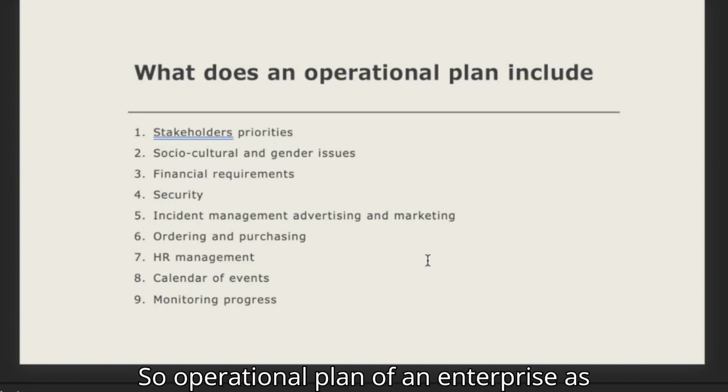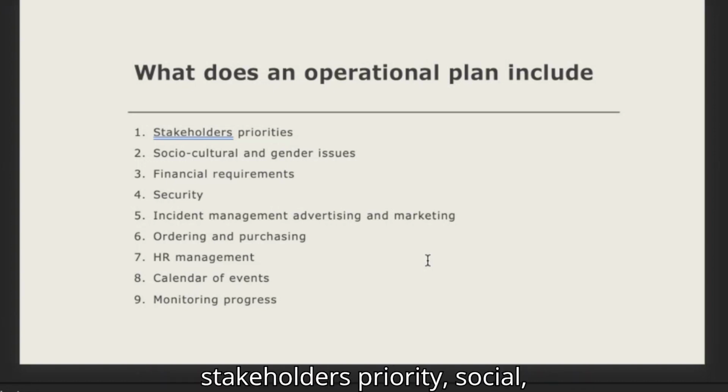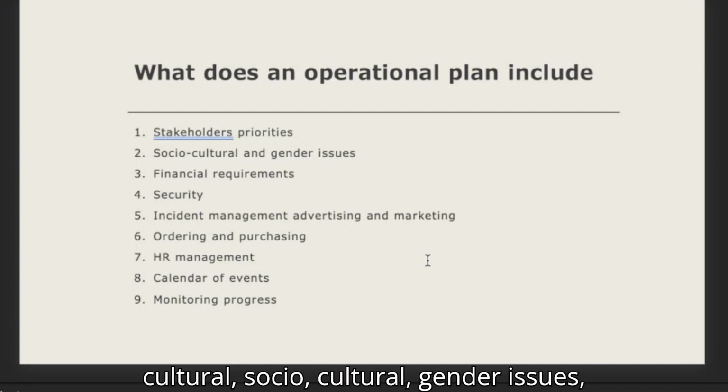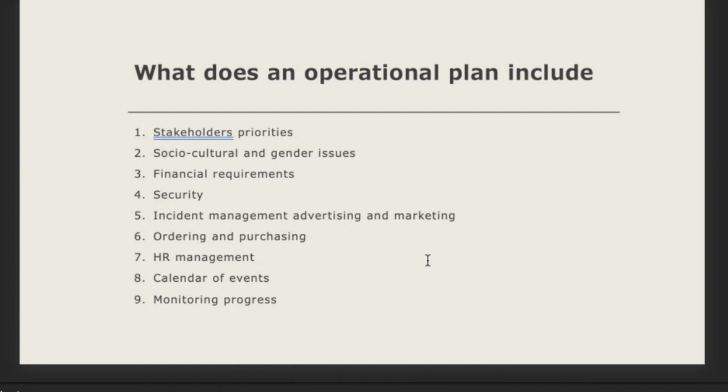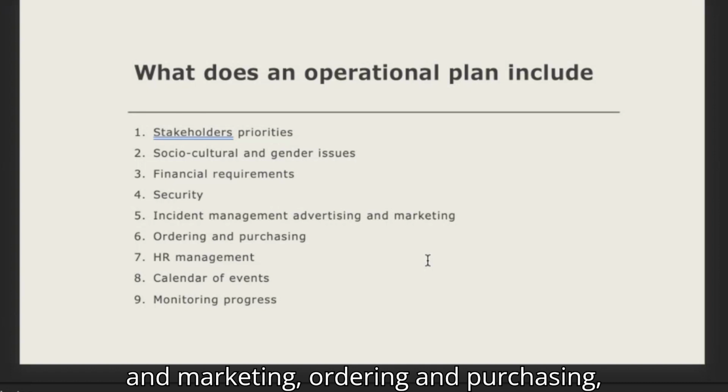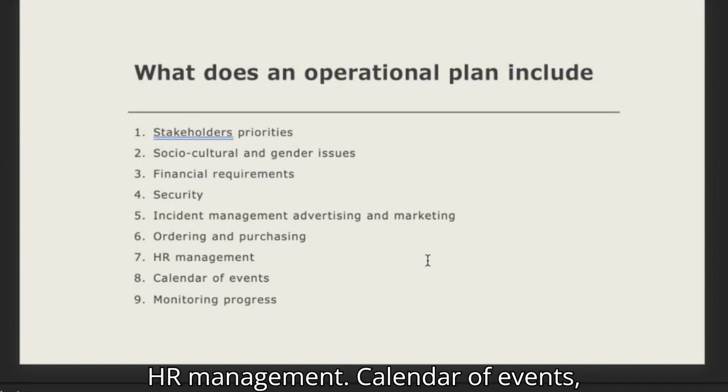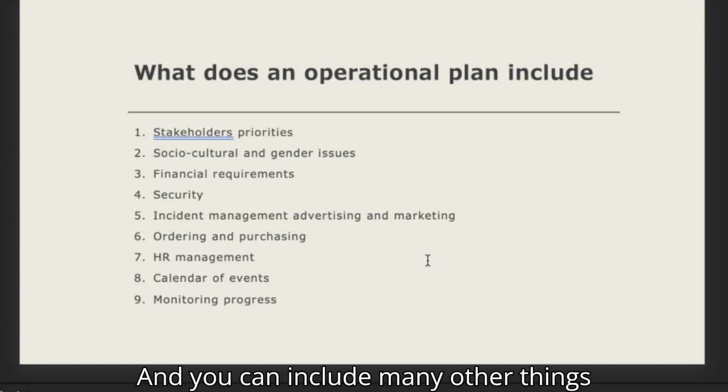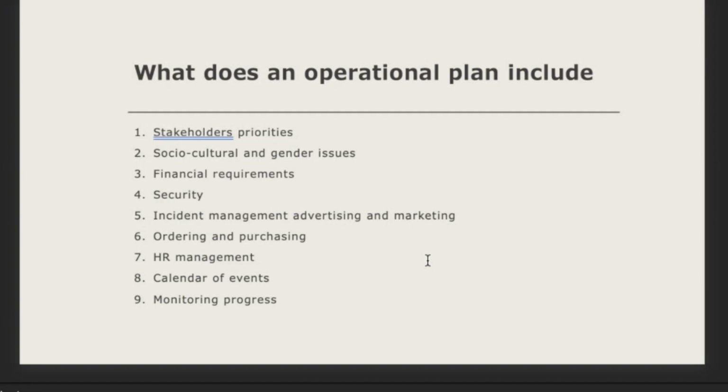So the operational plan of an enterprise has stakeholders' priority, socio-cultural and gender issues, financial requirements, security, incident management, advertising and marketing, ordering and purchasing, HR management, calendar of events, monitoring progress, etc. And you can include many other things that come up there.